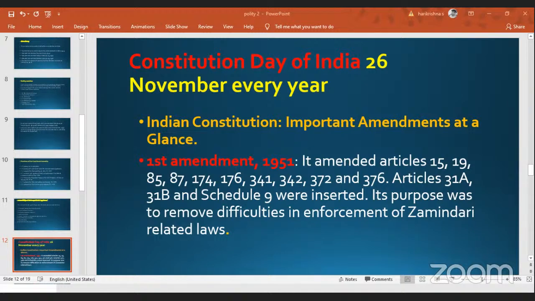What comes under the Seventh Amendment is that the category A, B, and C of states were abolished.